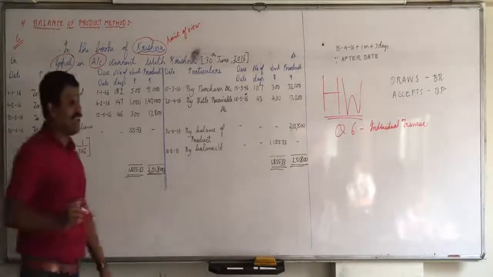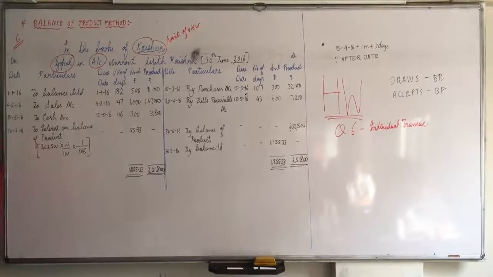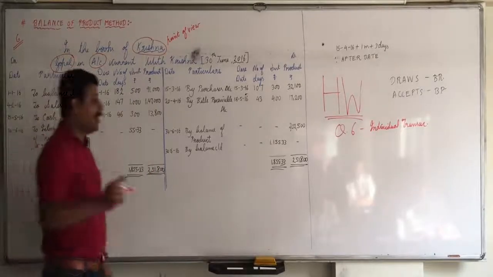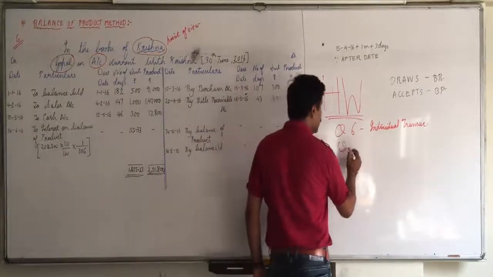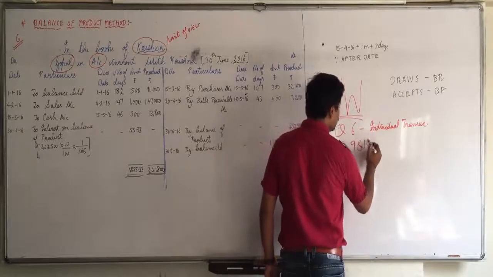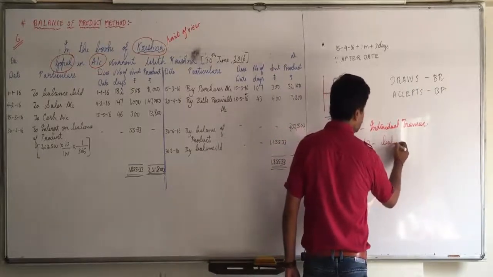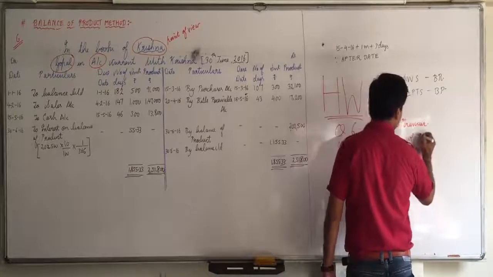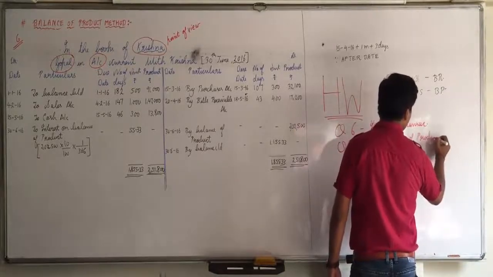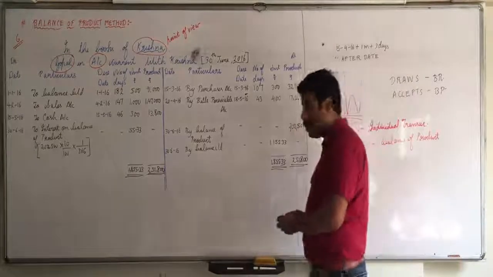And questions 7 and 8, not 7 and 8, sorry, 9 and 10, which we did earlier in the last lecture, by individual transaction method, that you solve by balance of product method. And again you verify whether your answer comes same or not.